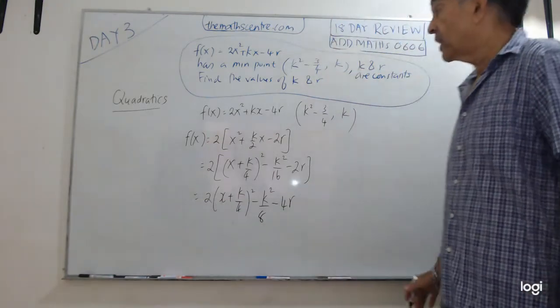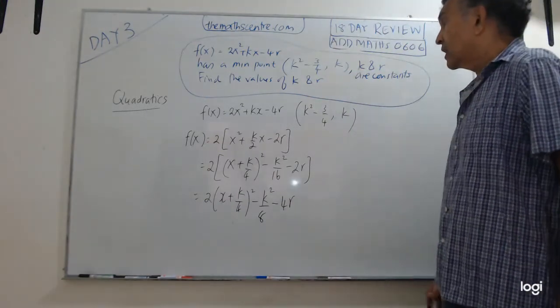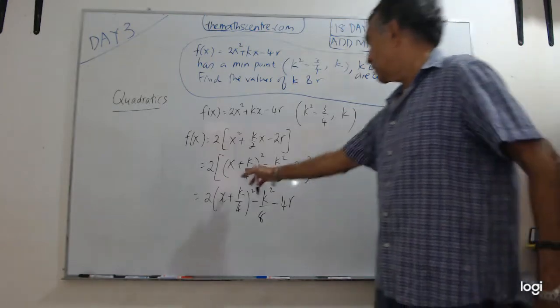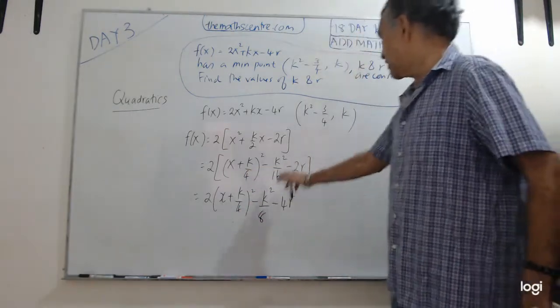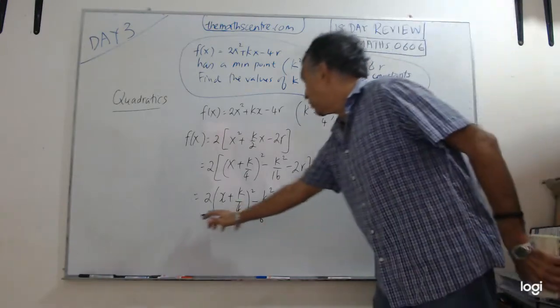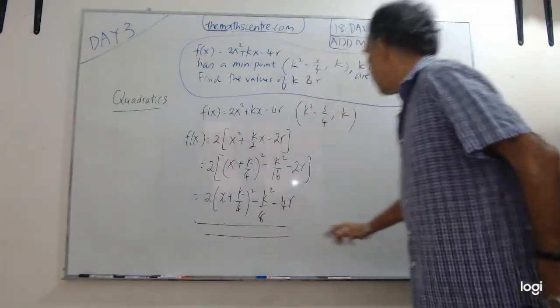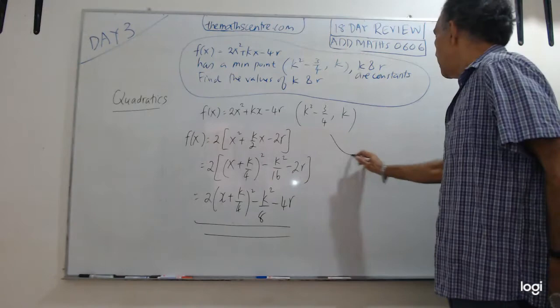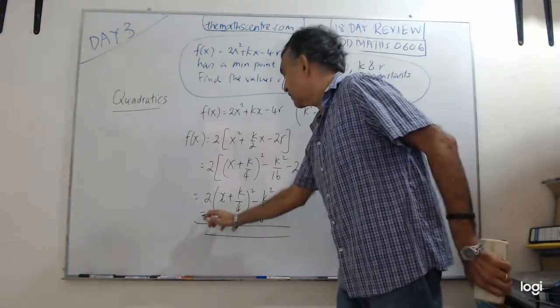So we're done with completing the squares. Let me quickly check. 2 times this, correctly written, minus k squared over 8, and I have got minus 4r. By looking at this, you know that you have a minimum point, because this 2 is a positive number.